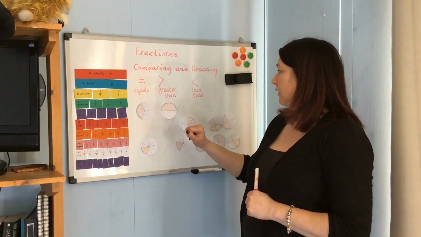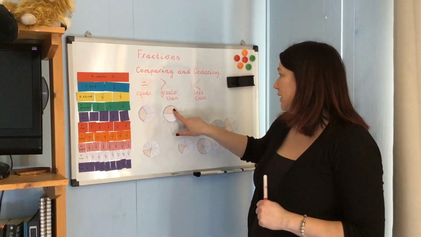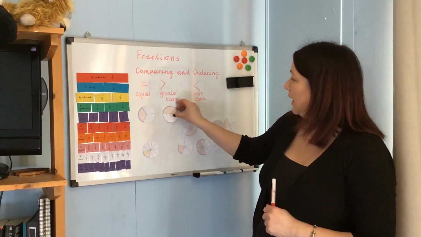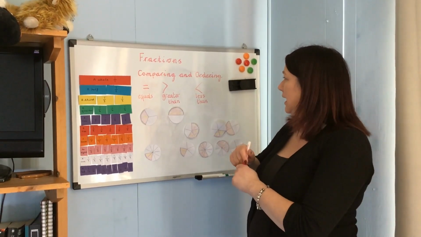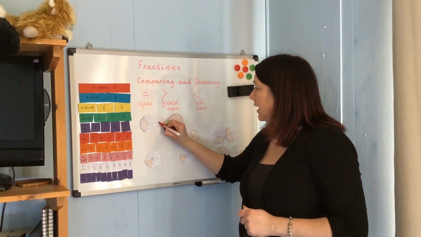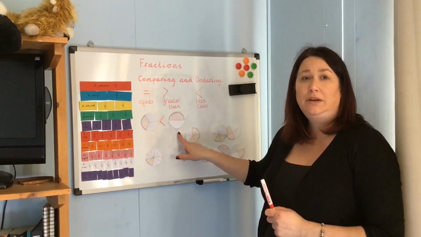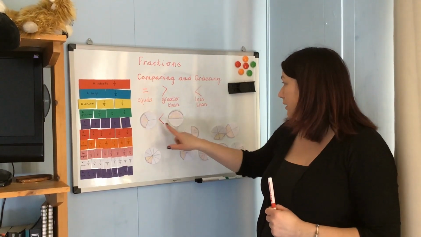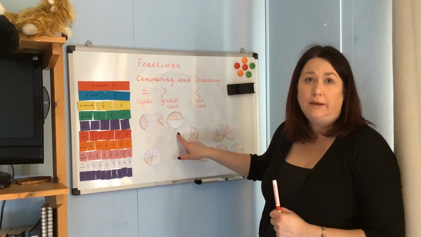If I look really carefully, I can see that this pizza slice is smaller than this pizza slice. So to make a mathematical sentence, I'm going to put this sign in. So then it says, this pizza is smaller than this pizza. This pizza has less left than this pizza.